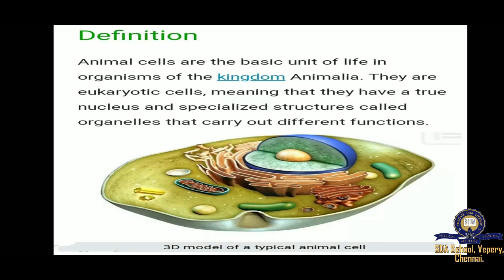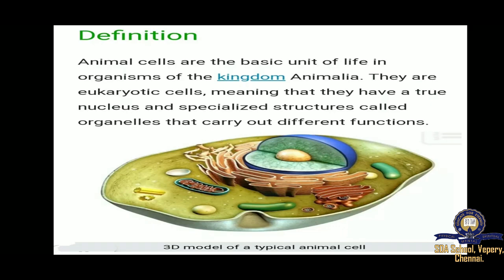However, plant cells and animal cells do not look exactly the same or have all of the same organelles, since they each have different needs. For example, plant cells contain chloroplasts since they need to perform photosynthesis, but animal cells do not.